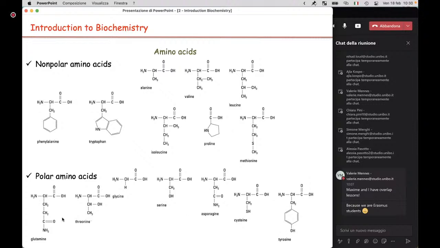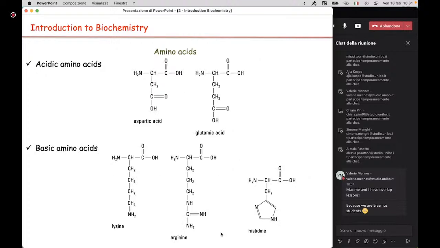Okay, all of these include this part, the amide group, alcoholic group, or thiol group. All of these are quite polar groups, so the side chain becomes polar. Okay, so these are polar amino acids.